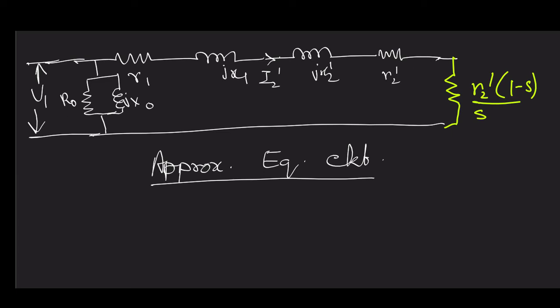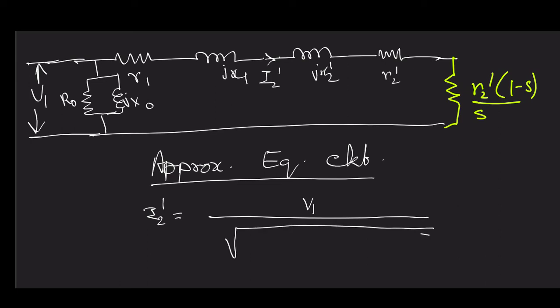So if we bring it here, this approximate equivalent circuit, then we can write I2 dash is equal to V1 by root under (R1 plus R2 dash by s) whole square plus (x1 plus x2 dash) square.